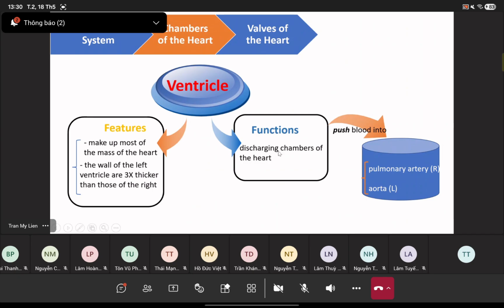The ventricles make up most of the mass of the heart, and have the role of discharge chambers of the heart, pushing blood into the pulmonary artery and aorta.